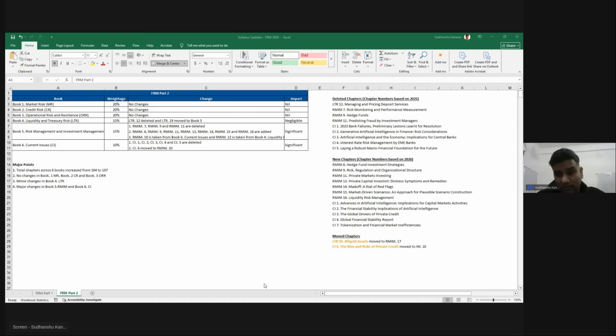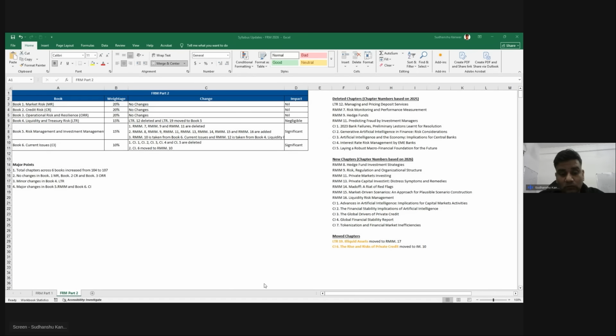If you look at Book 4, where small changes happen, Liquidity and Treasury Risk, the 12th chapter has been removed, and the 19th chapter has been moved to Book 5, which is the Risk Management and Investment Management book.